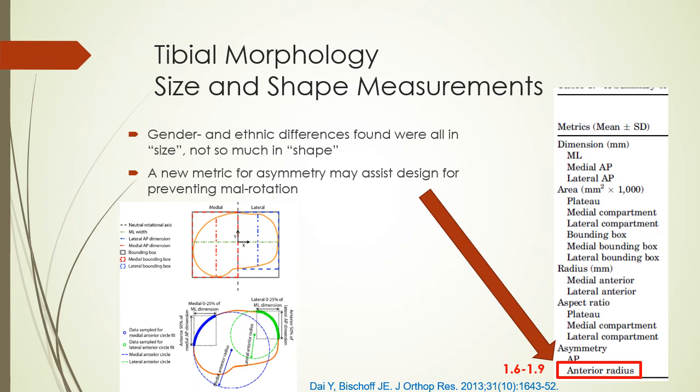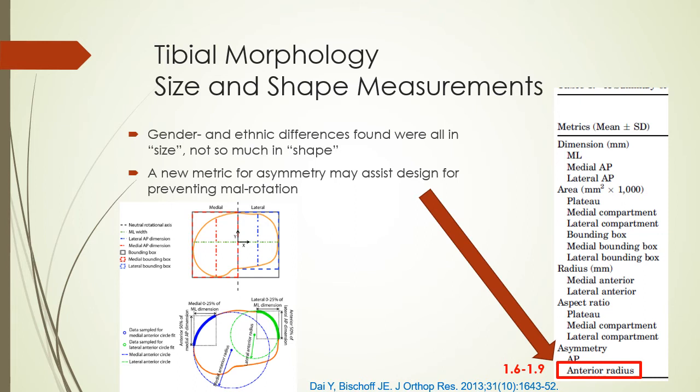And actually, the conclusion is gender and ethnic differences found were all in size, not so much in shape. So a male tibial resection is simply bigger than a female, but not very drastically different in terms of the shape.